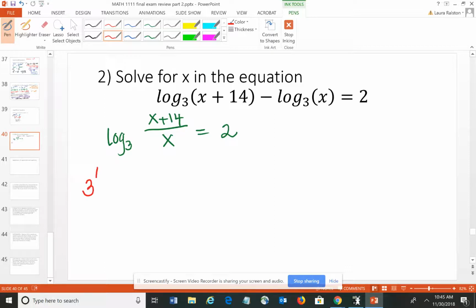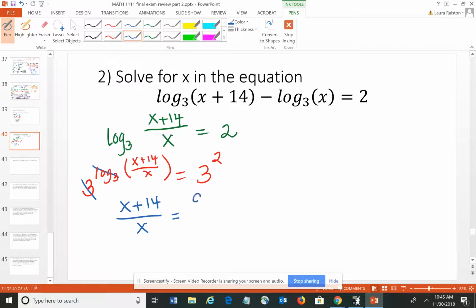So I'd have 3 raised to the log base 3 of x plus 14 over x equals 3 squared. Again, the benefit of that is that log base 3 and exponential base 3 will divide out. We have x plus 14 over x equals 3 squared, which is 9.